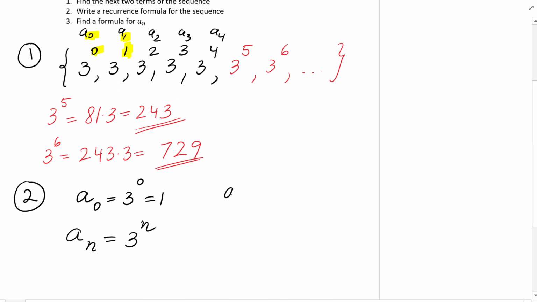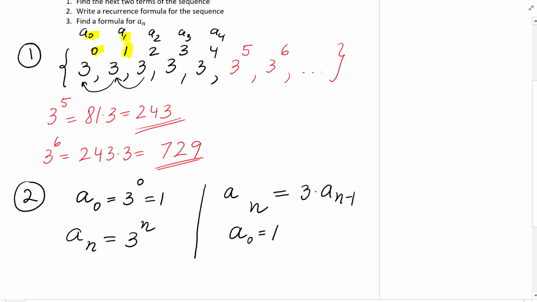Actually, we skipped ahead and found a sub n right away. A recurrence formula would use the previous term. We can say a sub n is 3 times a sub n minus 1. To get each term, we multiply the previous one by 3, and we can say a sub 0 is equal to 1.